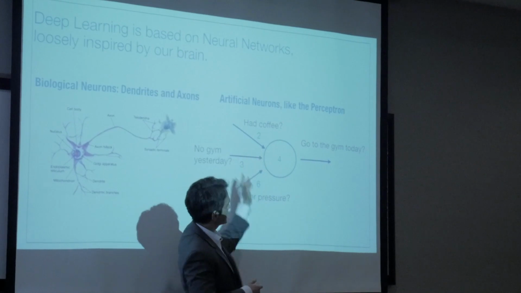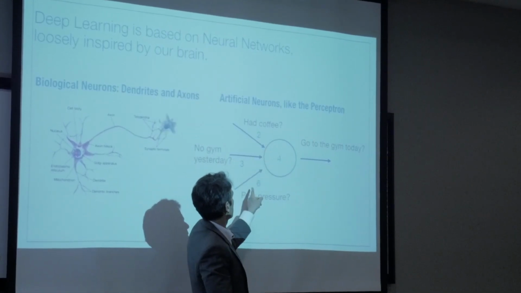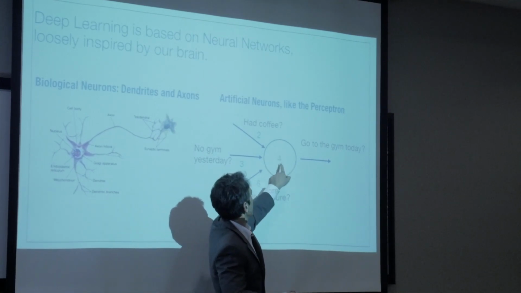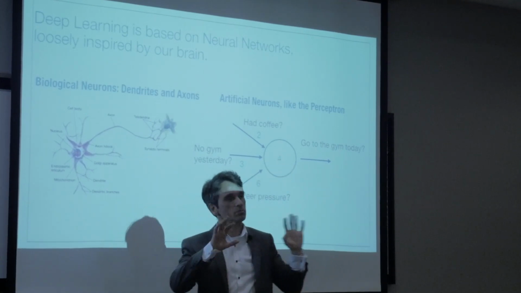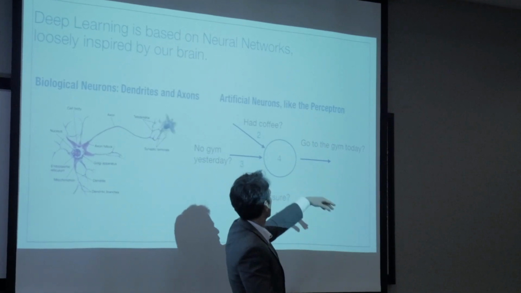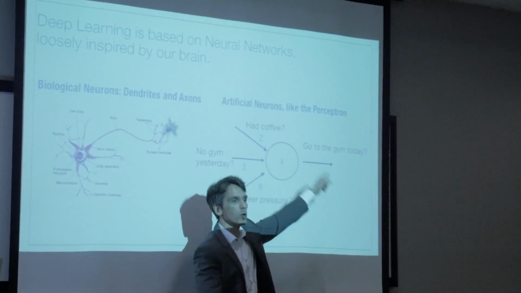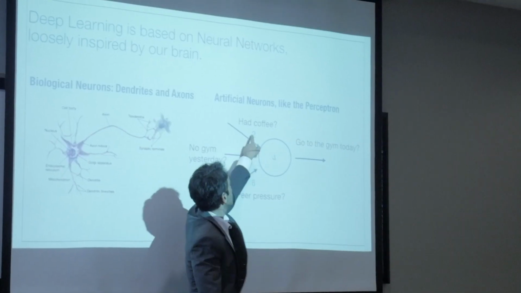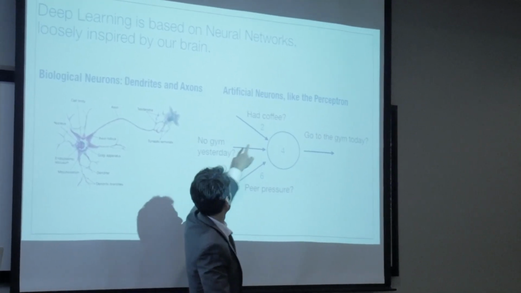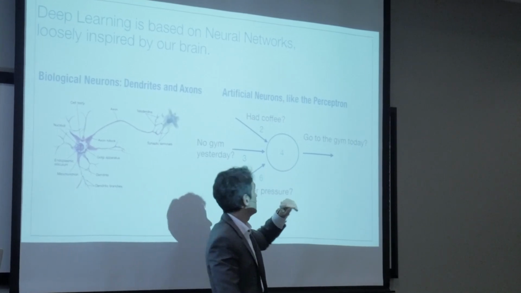In this case, let's say these are the inputs, and you sum the inputs up, and whenever they exceed 4, it's the so-called bias, then I go to the gym. So when I get peer pressure, 6 is greater than 4, I go to the gym. If I had coffee and I haven't been to the gym yesterday, that's 2 plus 3, that's greater than 4, I go to the gym.